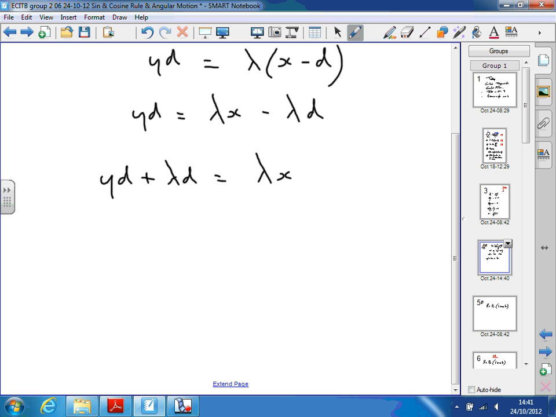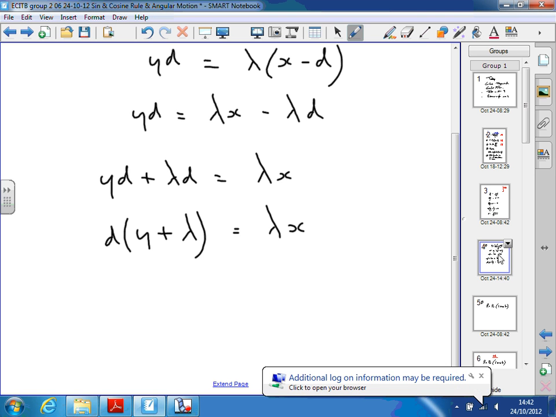And then factorize. d outside the bracket, leaving y plus lambda inside the bracket. And then divide both sides by y plus lambda. d equals lambda x over y plus lambda.